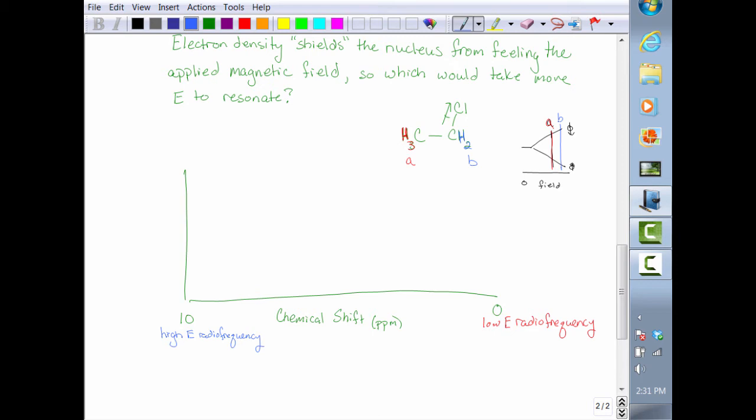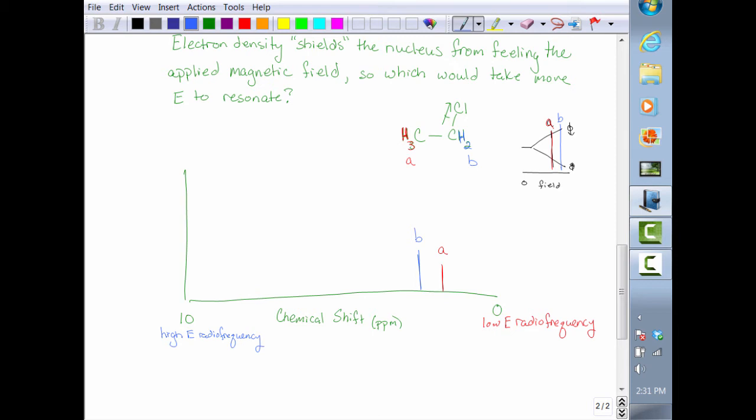What you would expect here is that A would come somewhere, actually anytime you have a methyl group, it usually comes somewhere around a ppm of 1 or 2. So I'm just going to arbitrarily put A here. And I'm going to say that B is of a higher energy, or it's going to take more energy to put that in resonance because it's less shielded.